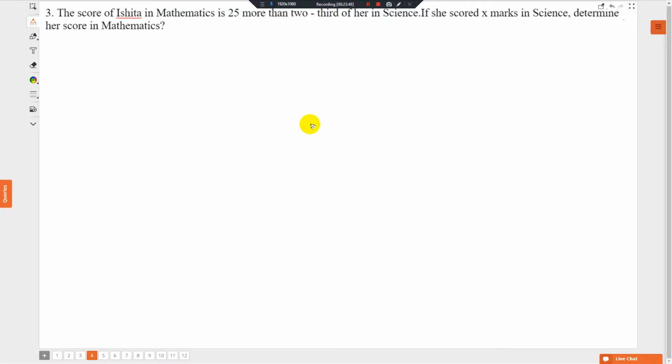Same like Anjali, here also there is a girl, Ishita. The score of Ishita in mathematics is 25 more than 2/3 of her science. If she scored x marks in science, determine her score in mathematics.